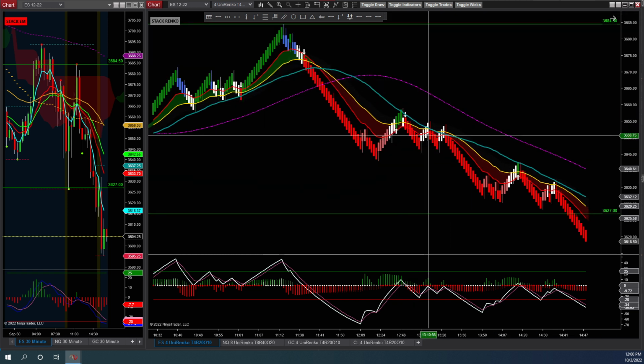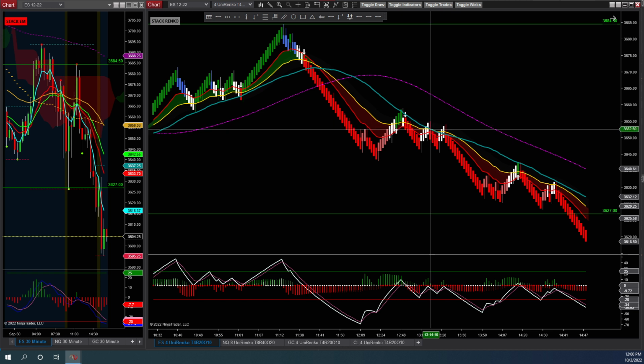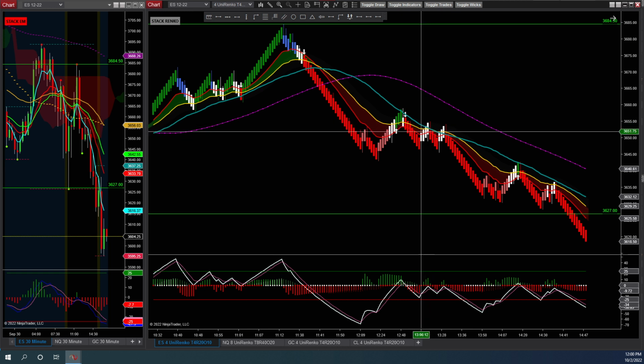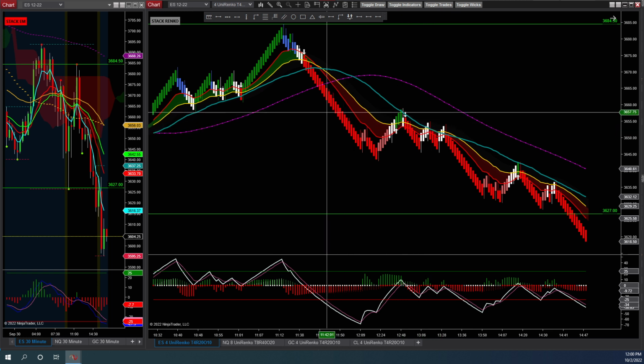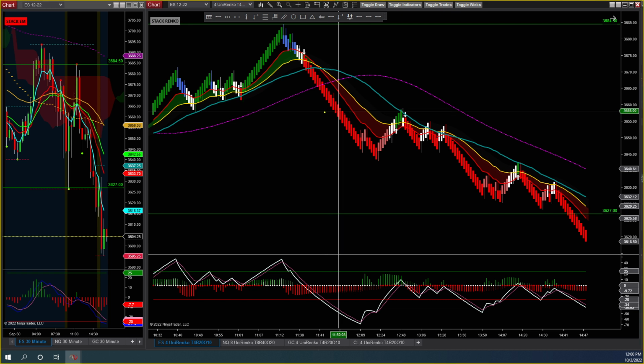And then you have another wick out of the moving average here. In this area, you are actually in congestion already, or consolidation. So you have a pivot high right here and a pivot low right there, and then price is moving sideways in there, and then breaking right there.